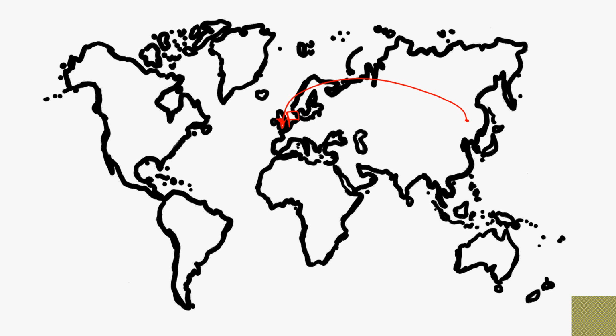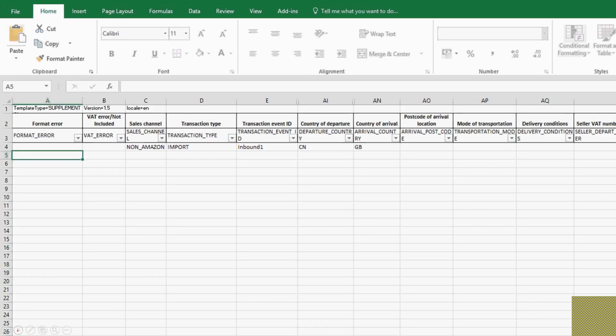In this case, the goods are imported directly into the UK, and so Amazon will pre-populate one import transaction for you from China to the UK, and then you are required to complete the details needed for this import transaction only. We expect that this type of inbound is the most common, where you ship your goods to an Amazon fulfillment center in the country of importation.